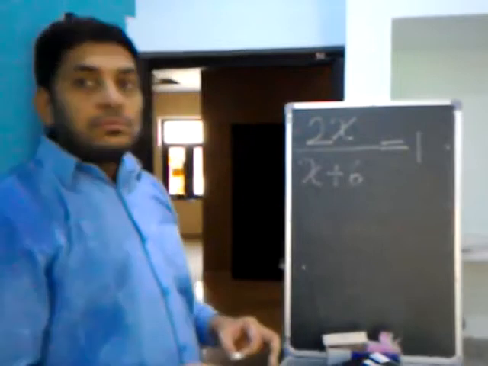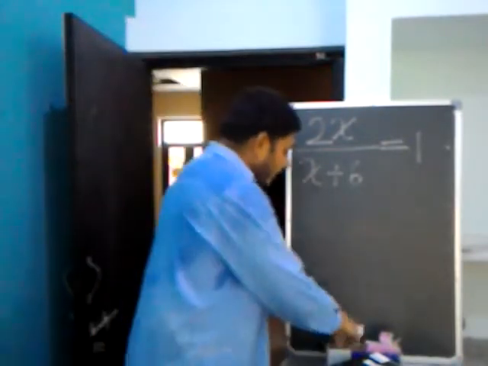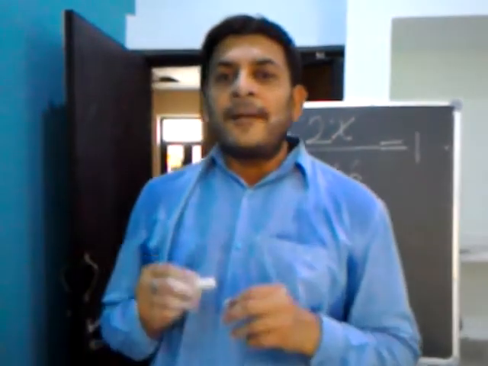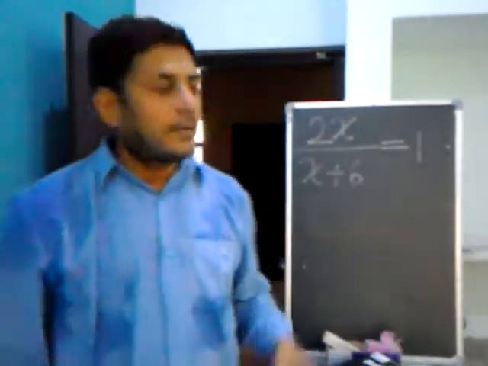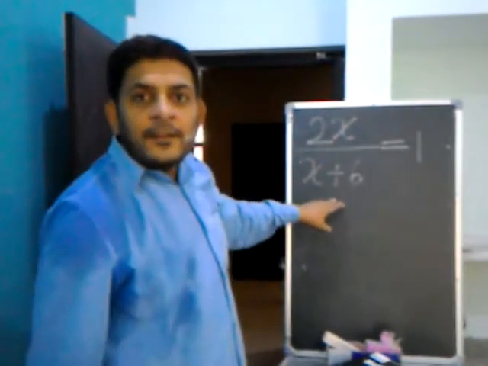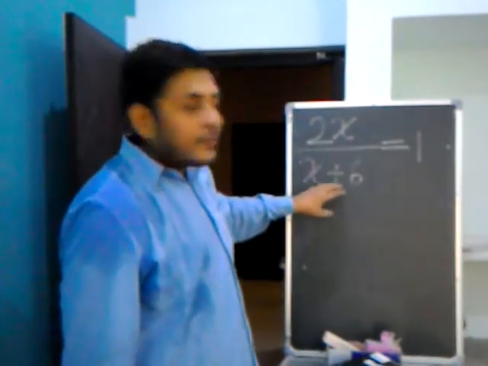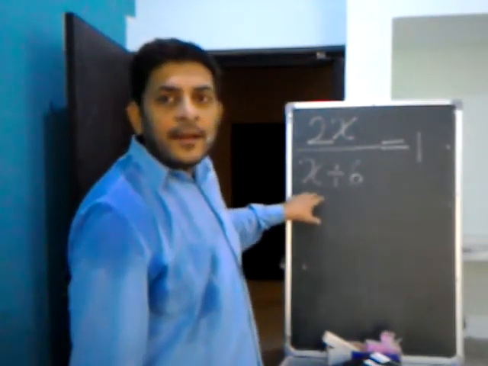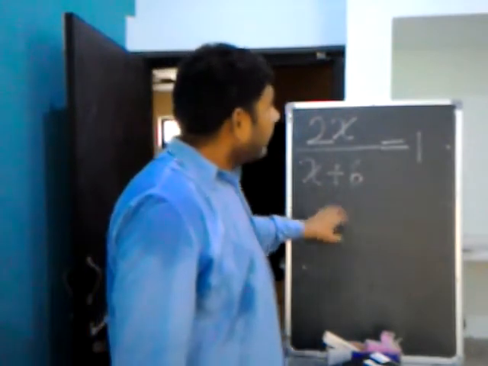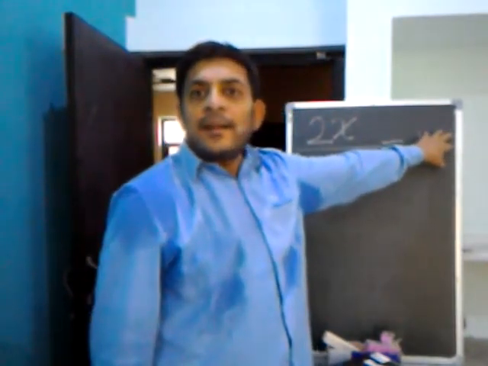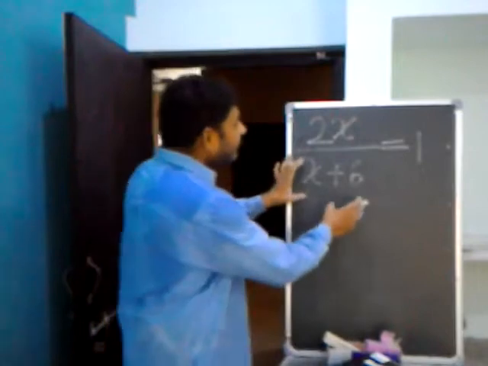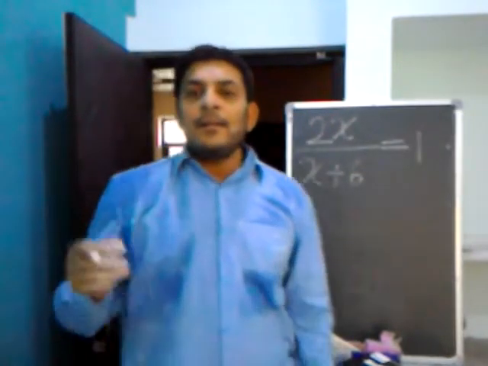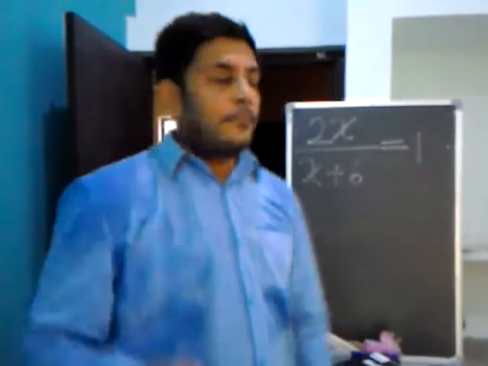So what will I do? There is a principle in mathematics, and that says if something is dividing on the left side, then it will multiply to the right side, which means x plus 6 is dividing here, it will go and start multiplying with 1.